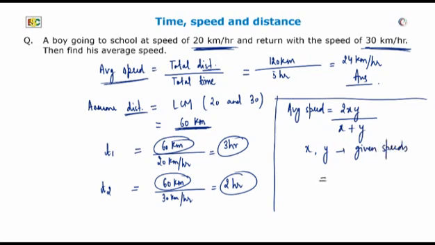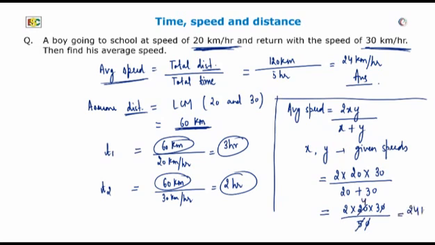Now, if we put the values, x is equal to 20 km per hour and y is equal to 30 km per hour, so it is 2 into 20 into 30 upon 20 plus 30, that is 2 into 20 into 30 upon 50. 0 and 0 cancel, 5 into 4 is 20, and this will be equal to 24 km per hour. That is our average speed.